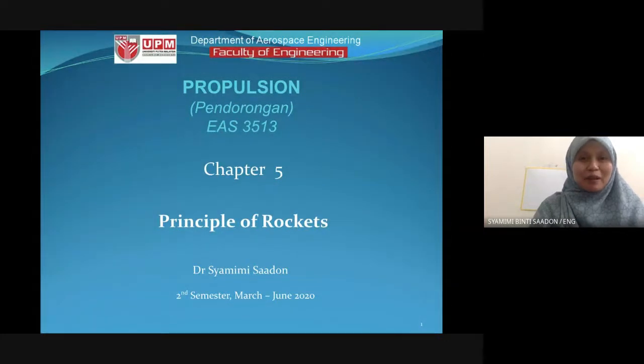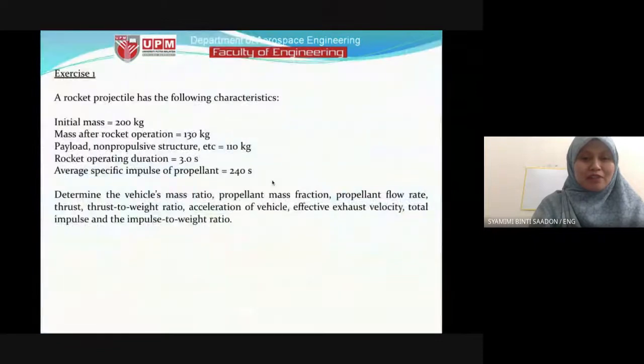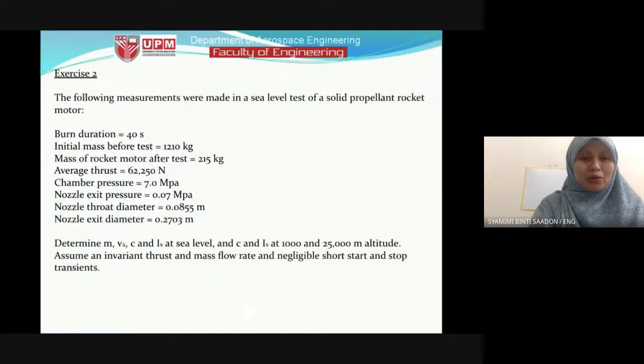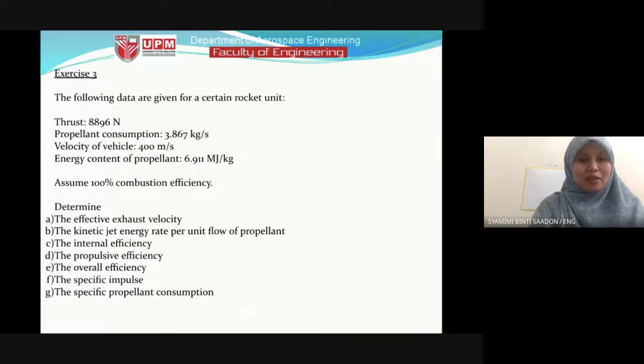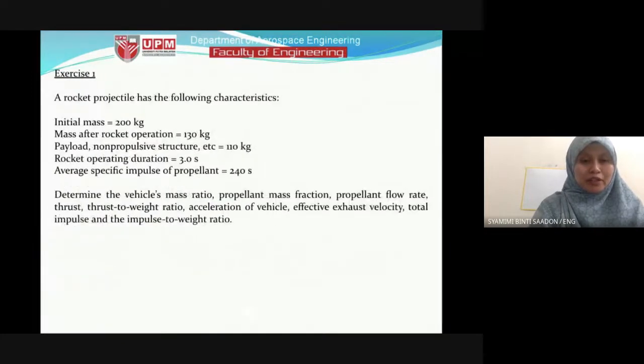Okay, so I have 3 exercises. In the slides I have 3 exercises, but I think we will do only 2 together. And if we have enough time, we will try to do the last tutorial on turbomachinery that we left, about the axial turbine.